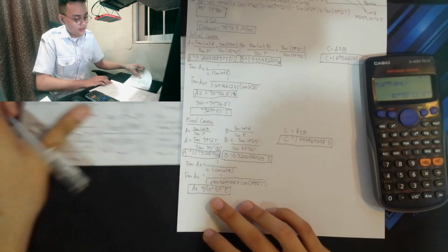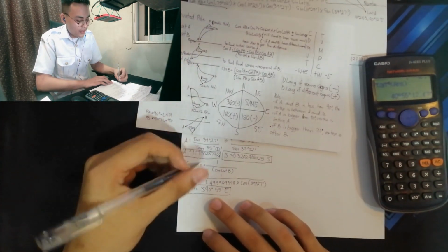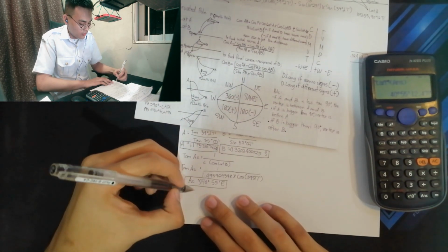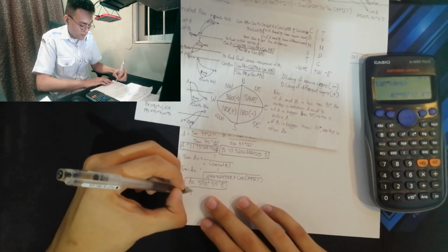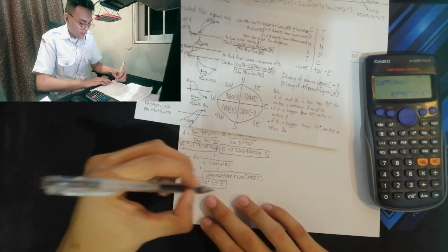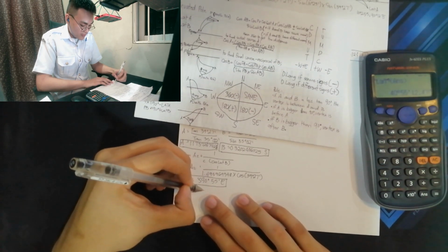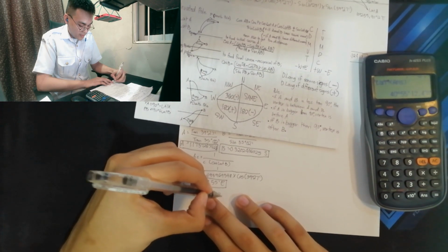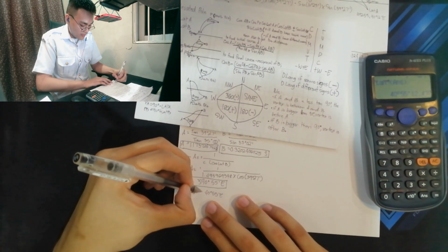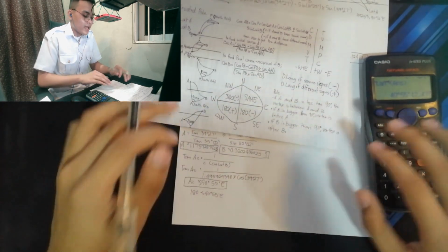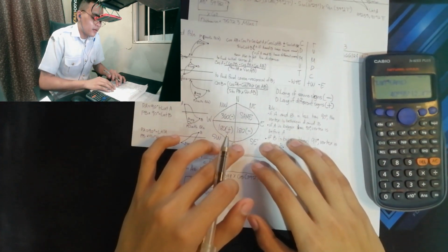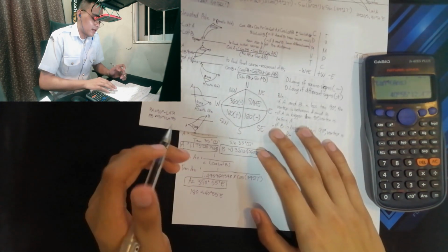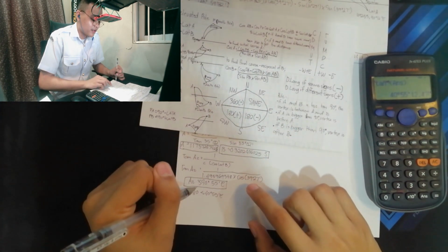So if it is southeast, you will subtract that one to 180. So 180 degrees minus 40 degrees 55 minutes east, southeast. You might be wondering why I minus this one to 180. So you can see the direction is southeast.